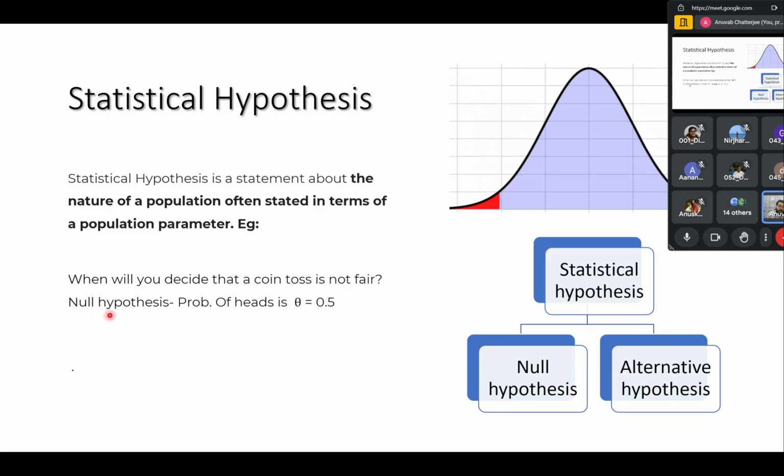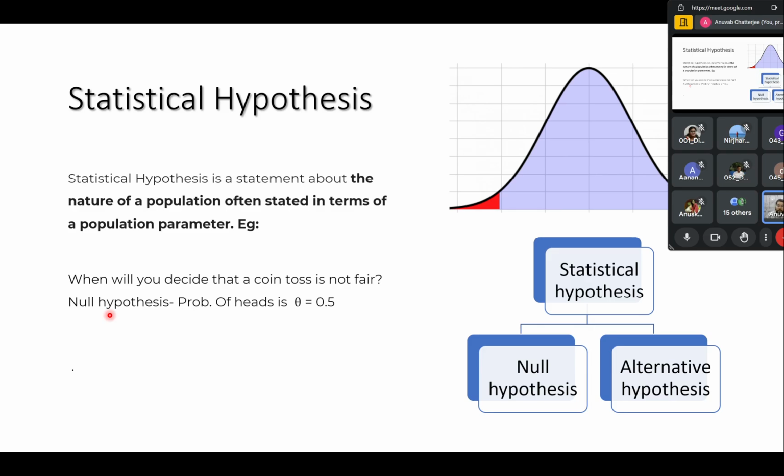So you are actually trying to prove the alternate hypothesis, but you don't go about doing that by just proving the alternate hypothesis. You actually reject the null hypothesis, and that proves the alternate hypothesis. This is because people figured out way back that if you try to prove something, it is very easy to prove it, but disproving something is where the difficulty comes in.